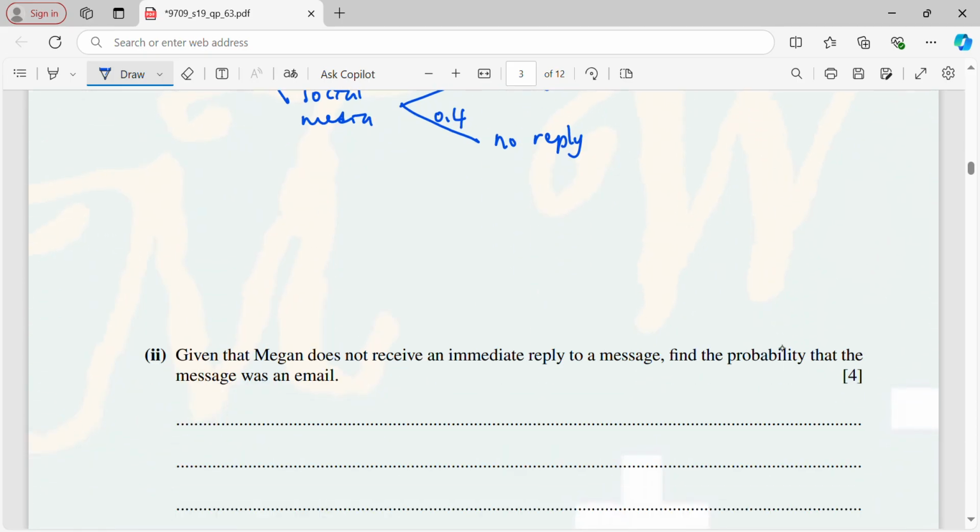Now part 2. Given that Megan does not receive an immediate reply to a message, find the probability that the message was an email. So now our concern is the message was an email. That means P email, given that no immediate reply. So I will just write no reply.